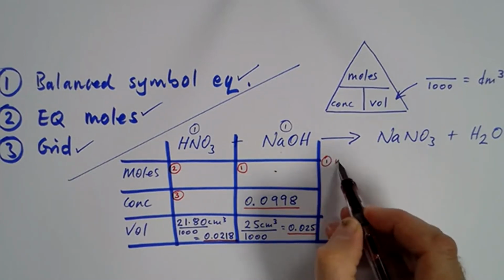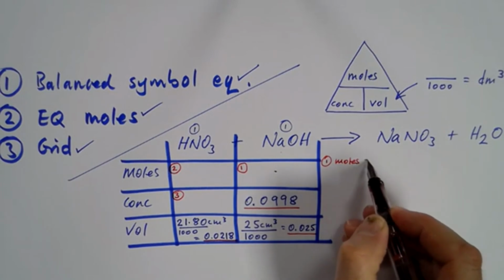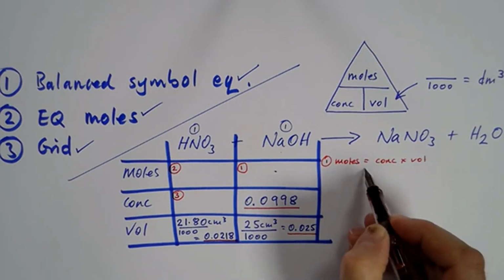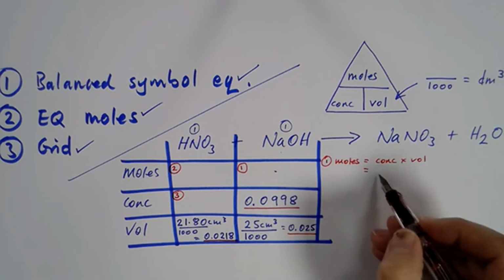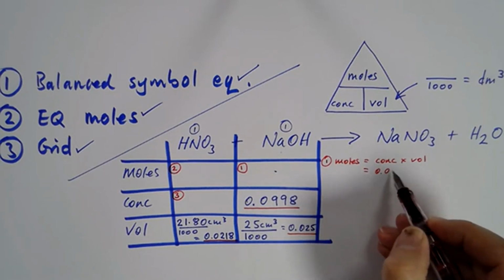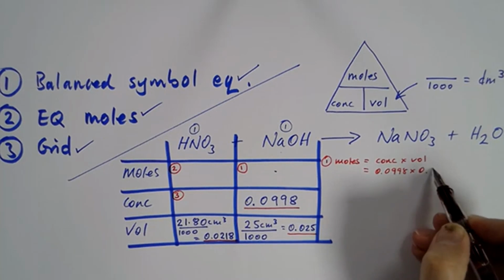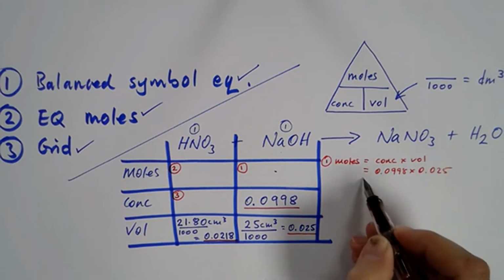So number 1, first of all, moles is equal to concentration times volume. So that's going to be 0.0998 times 0.025.